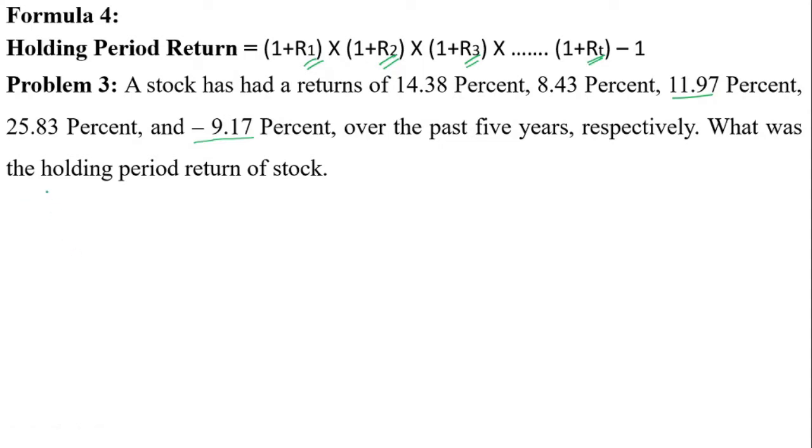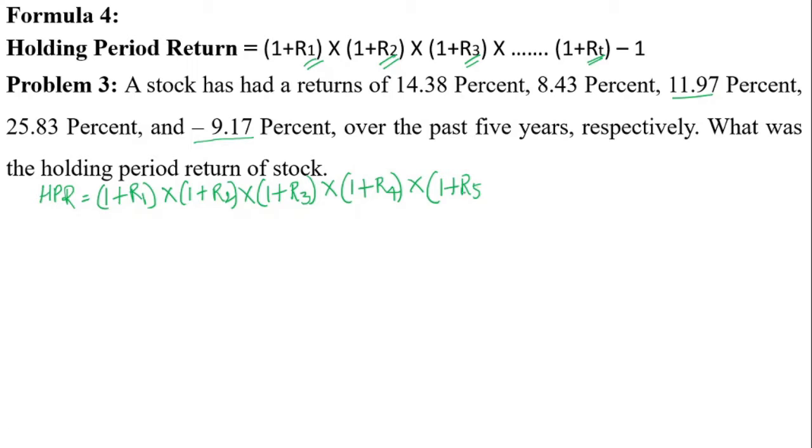The holding period return, HPR in short form, is equal to (1 plus R1) into (1 plus R2) into (1 plus R3) into (1 plus R4) into (1 plus R5), minus 1. Why R5 instead of RT?